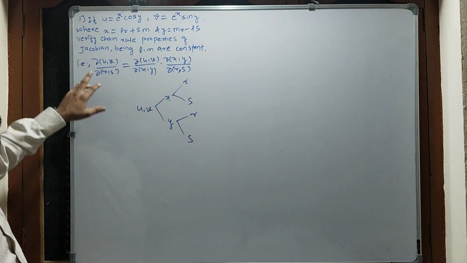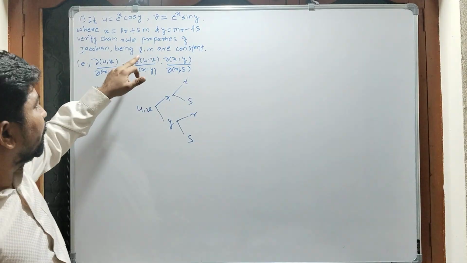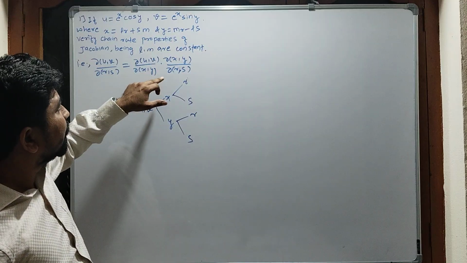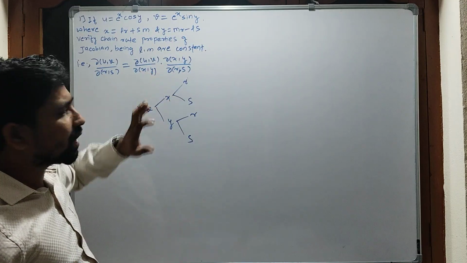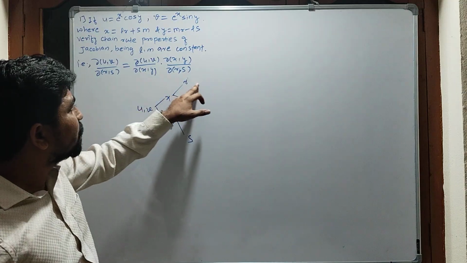So here I want to show that the Jacobian of u comma v with respect to r comma s is the same as the Jacobian of u comma v with respect to x comma y into the Jacobian of x comma y with respect to r comma s. That is, u to r is the same as u to x plus x to r.